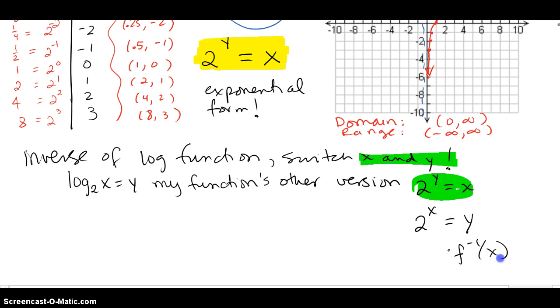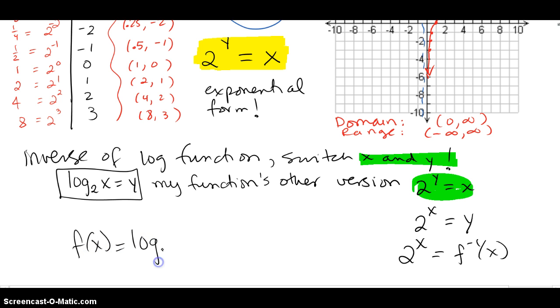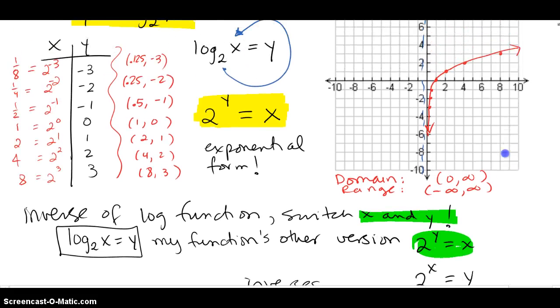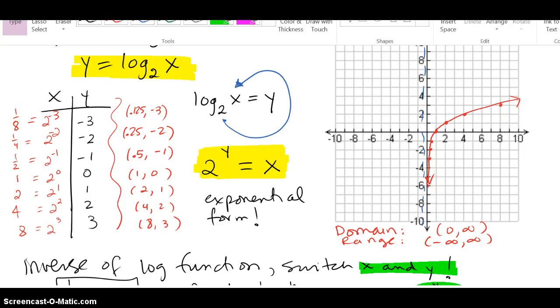This is the inverse of the function that I started off with, that I had switched into exponential form. So these two are inverses of each other, which means all logarithmic functions have their inverse exponential functions. And if I were to graph this one up above, let's go graph it.